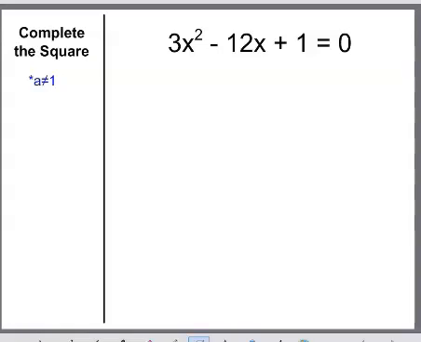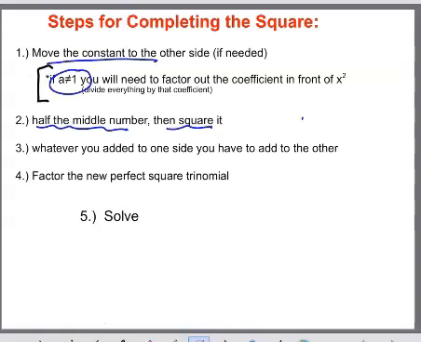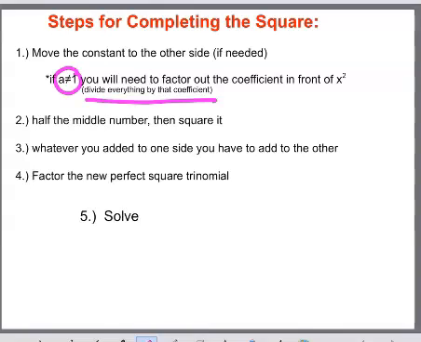Okay, we're going to just do a couple more here where the situations are a little bit different. So just, again, reminder, we start out by moving the constant, that number, to the other side. So I add or subtract that. And then here, if A is not 1, you need to factor out the coefficient or divide everything by that coefficient.